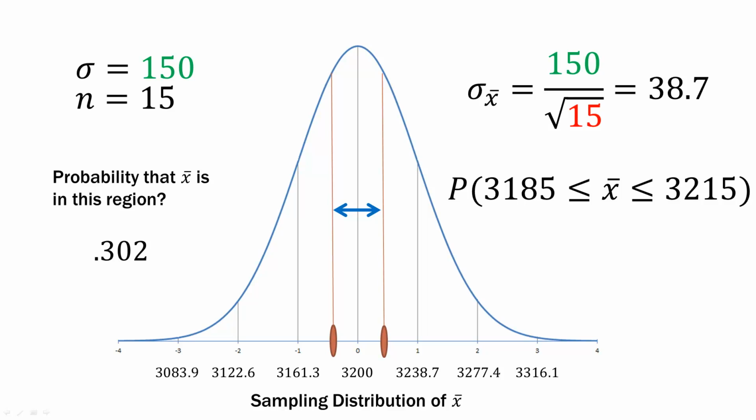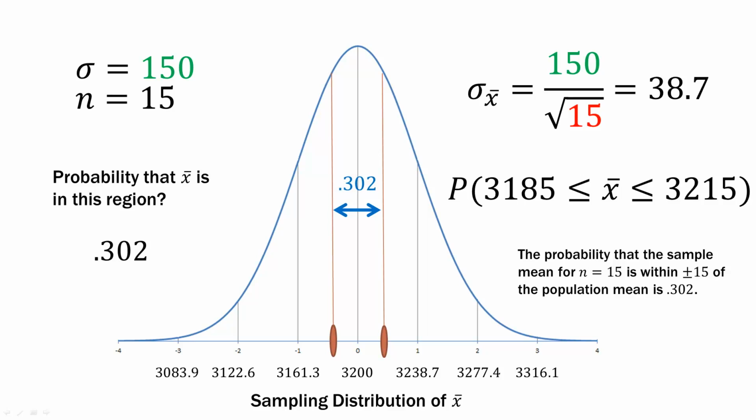Now when we do that, we come up with a probability of 0.302. The way to think about this in terms of how you interpret it, either in your class or in your place of work, is like this. The probability that the sample mean for a sample size of 15 is within plus or minus 15 of the population mean is 0.302, or a little bit over 30%.